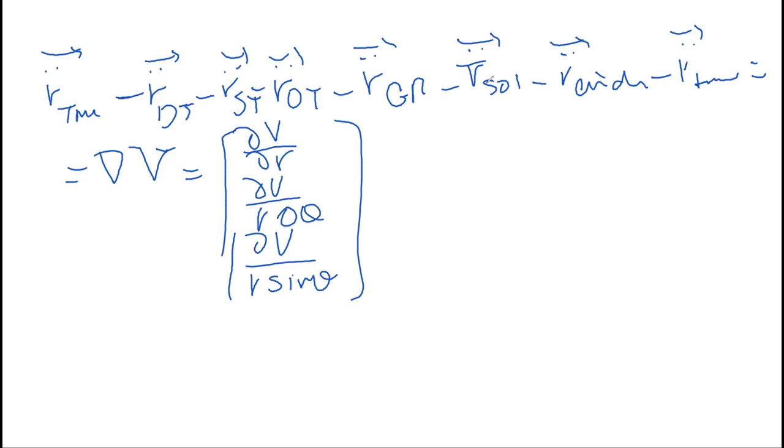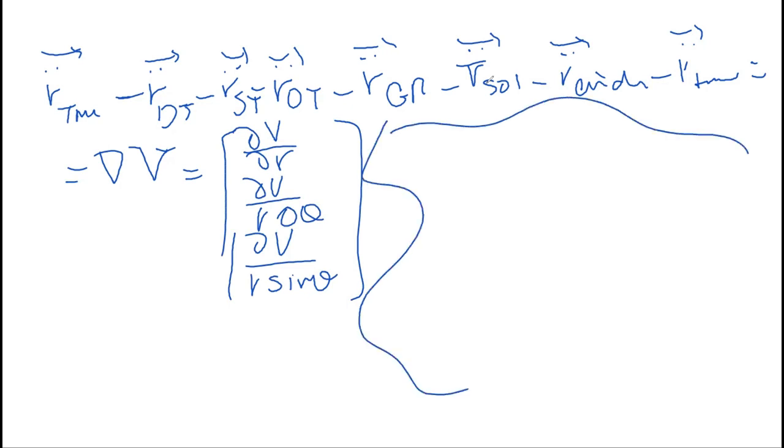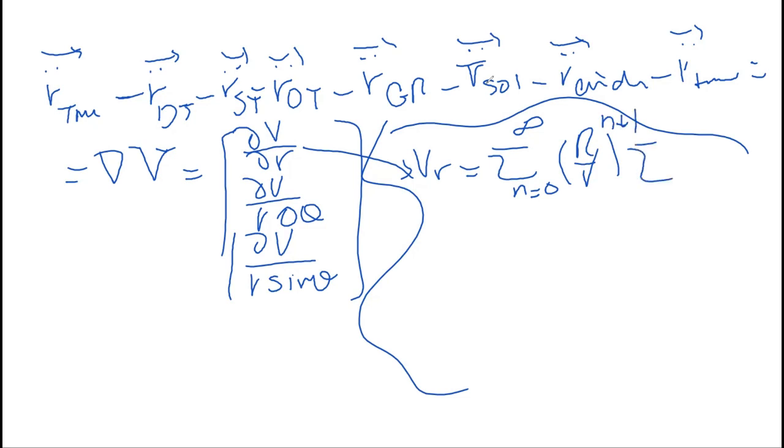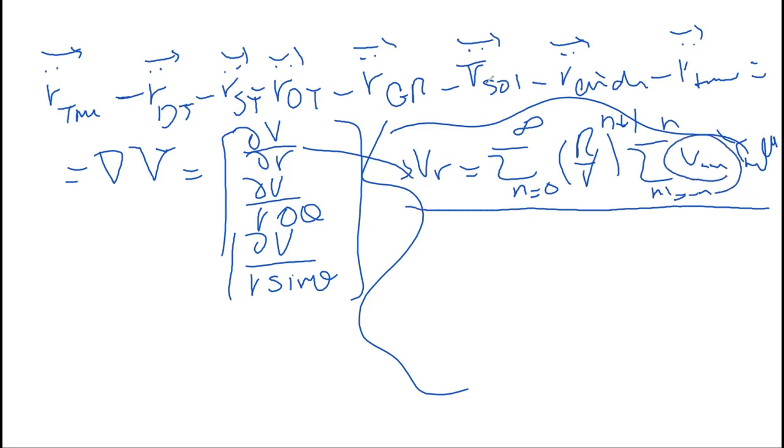So one way to solve this system, the first one, we write V_r instead. Summation from 0 up to infinity, R over r to the power n plus 1, summation m minus n, V_nm, Y_nm of theta. So I have an observation equation, and the unknown parameters are the spherical harmonics.